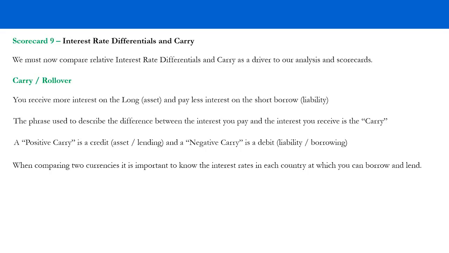And specifically here in our exogenous analysis, because we're comparing two countries or economic zones relative to each other, our analysis is going to provide us with a driver scorecard that gives us a long or short currency bias on the exchange rate between the two countries.